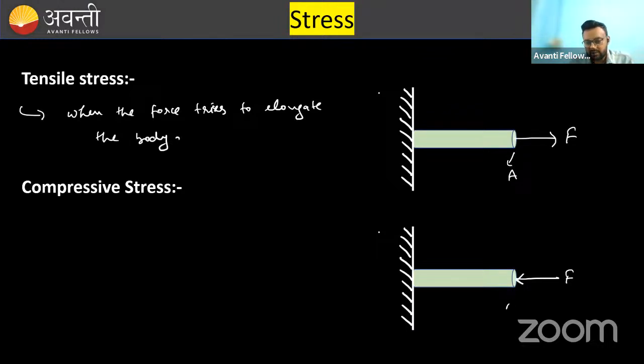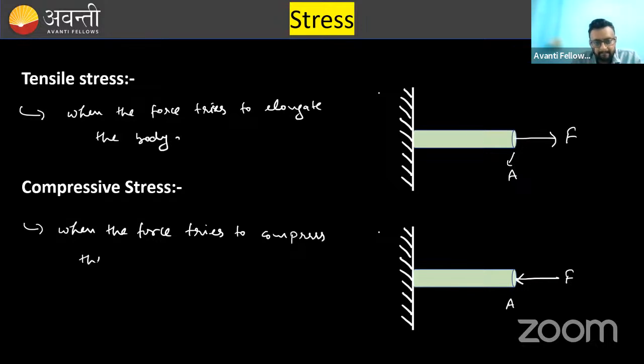Let the area of cross section be A. So what can you write here? When the force tries to compress the body, then the stress is known as compressive stress.